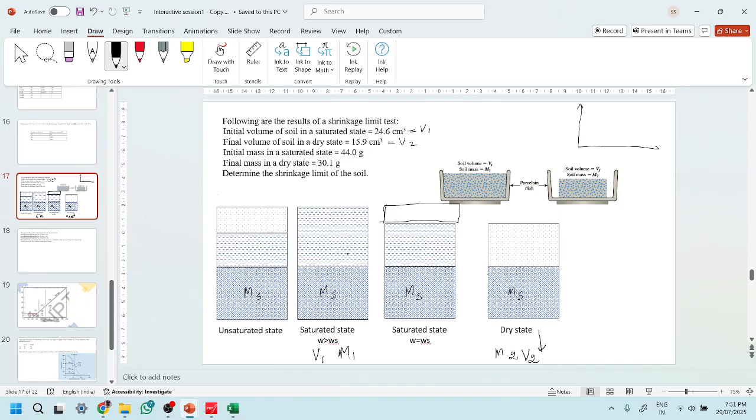Here we are not able to calculate only the mass. We will always have some kind of water with it. But here, because there is no water, the mass that we calculate here is actually the mass of solids. So this is M2. Shrinkage limit will be the water content here.